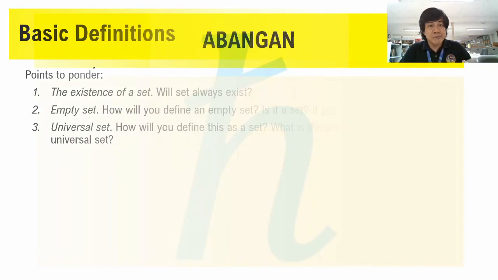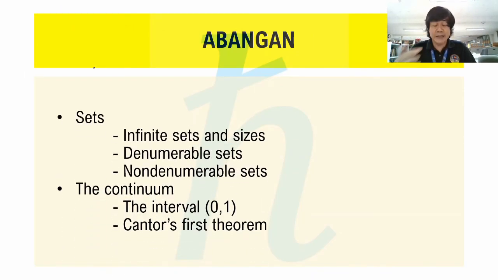So in the next meeting, the next discussion, we look at sets in terms of their infiniteness and their sizes. We will describe sets in terms of whether they are denumerable or non-denumerable. And one of the favorite topics I usually talk about in set theory is the continuum. That is the interval from 0 to 1.